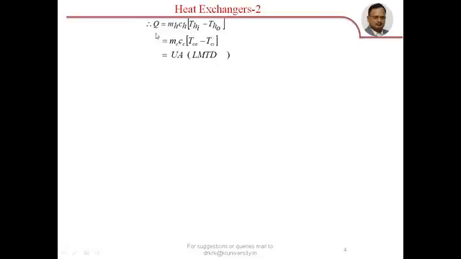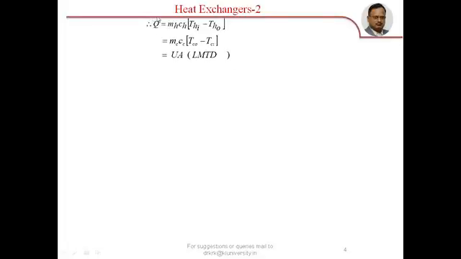So hence three equations are there to determine the heat transfer in a heat exchanger where two fluids are exchanging heat between them. One is MH CH (THI minus THO), the other is MC CC (TCO minus TCI), and the third is UA LMTD. This LMTD depends on THI, THO, TCO, TCI. Hence, using these three equations, you can determine three unknowns.